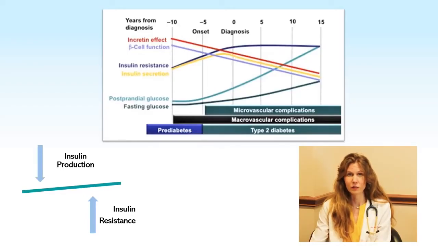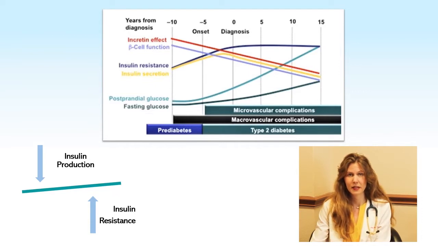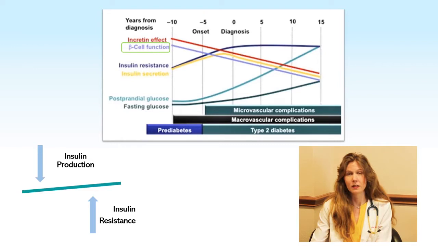In this slide, we can see the difference between the timeline associated with prediabetes and diabetes. In prediabetes, the prodrome period, the pancreas is working hard. It's overproducing insulin, and the insulin resistance continues to increase. Over time, the beta cells, which are the cells of the pancreas, become worn out and tired. By the time of diagnosis of type 2 diabetes, the pancreas beta cell loss of functionality is about 50%.